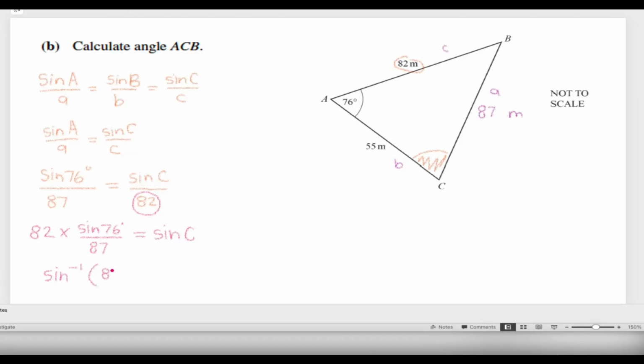So it's going to be sine to the -1 multiplied by 82 multiplied by the sine of 76 divided by 87. And if you punch this into your calculator, you will get the value of C. That gives me 66,1. So that means angle C is equal to 66,1 degrees. That's your final answer.